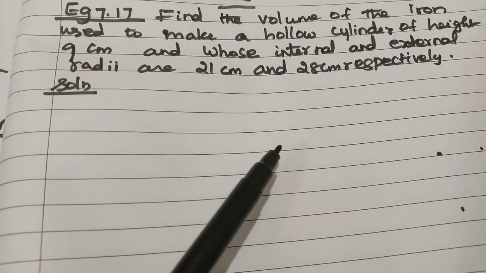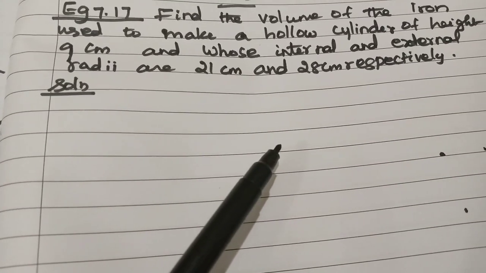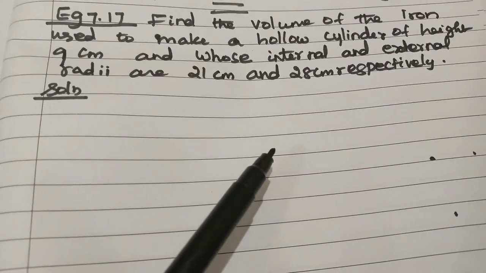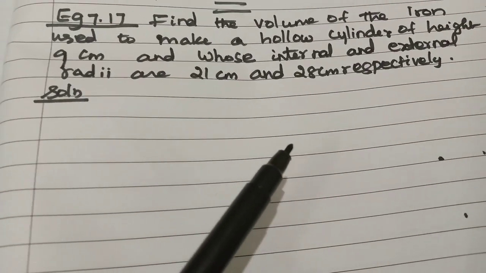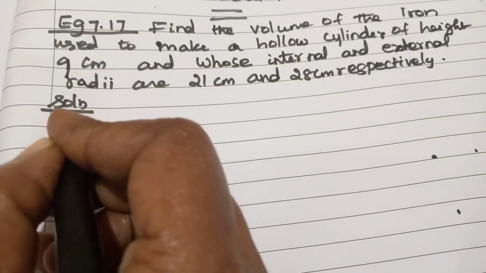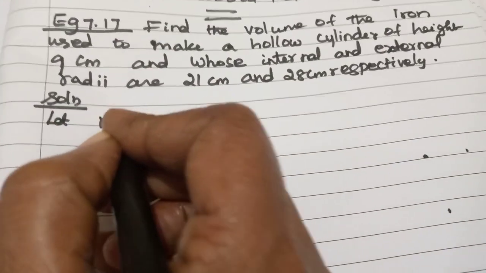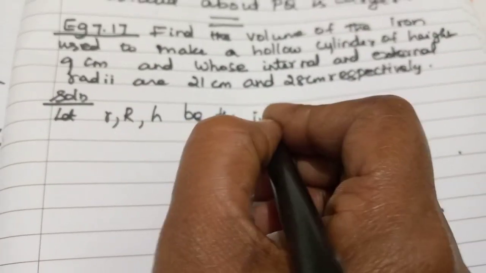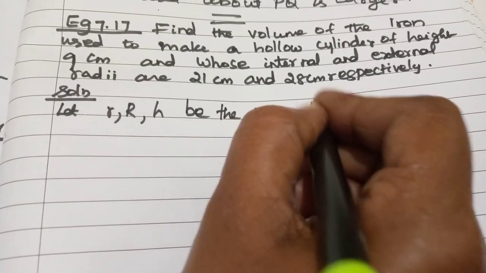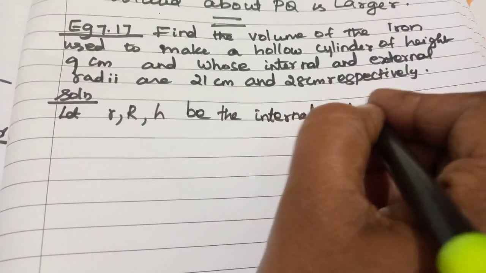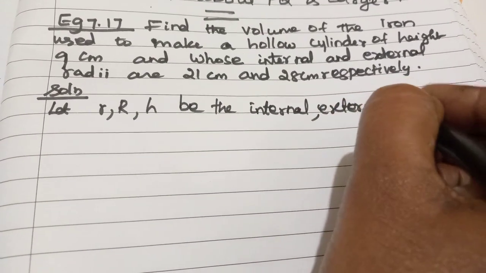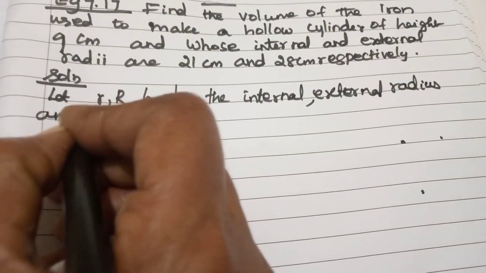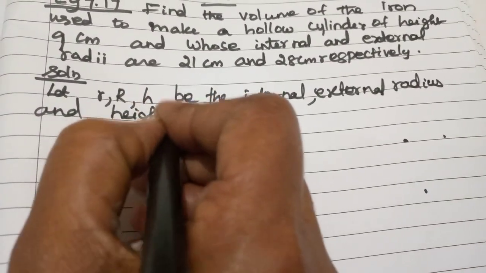If you know the formula we can do easily. What is the volume of the hollow cylinder formula? Pi into capital R square minus small r square into h cubic units. Let us do. So what are the values given? Let small r, capital R, h be the internal, external radius and height of the cylinder.